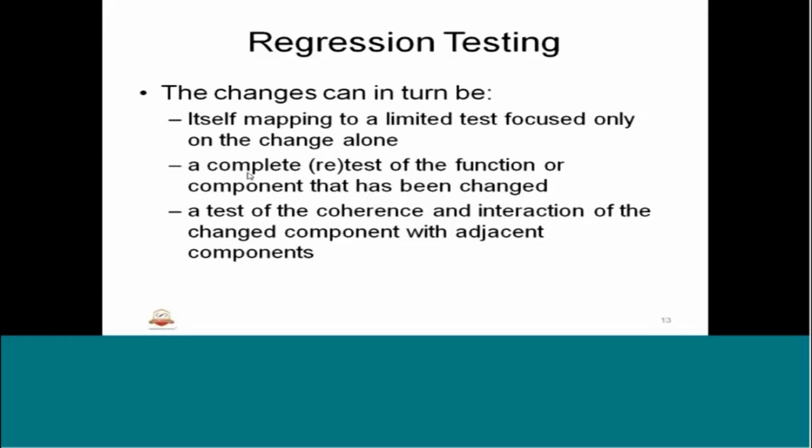That is the second bullet. The third one is that while testing that particular component, we need to check the coherence and interaction of other components and modules which interact with the current one under test. That is where regression testing is very important.